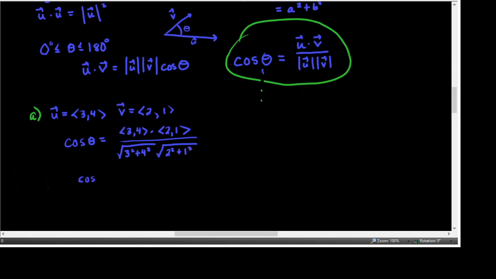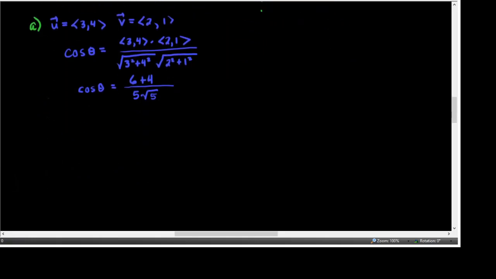Okay, so the numerator is 3 times 2 plus 4 times 1. In the denominator, 3 squared 9 plus 4 squared 16 is 25. Square root of 25 is 5. 2 squared plus 1 squared is 5, so that'll be 5 square roots of 5. And that simplifies to be 10 over 5 square roots of 5, so 2 over the square root of 5.